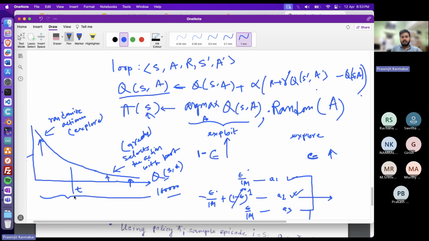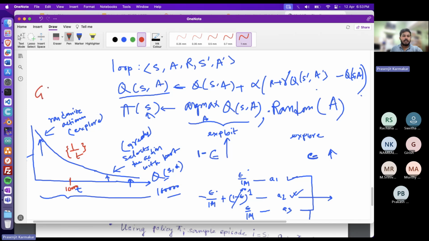The strategy that is followed in the literature is this: let's say this is the 10,000th step and this is the 1 lakh step interaction. So you linearly decay. In theory, the equation is 1 over t, but 1 over t is a theoretical bound.